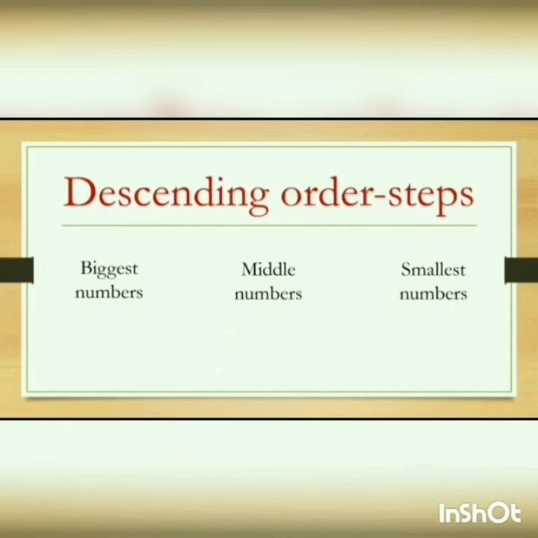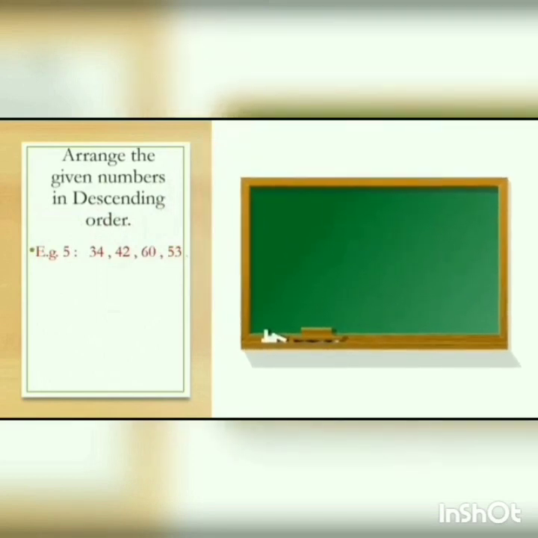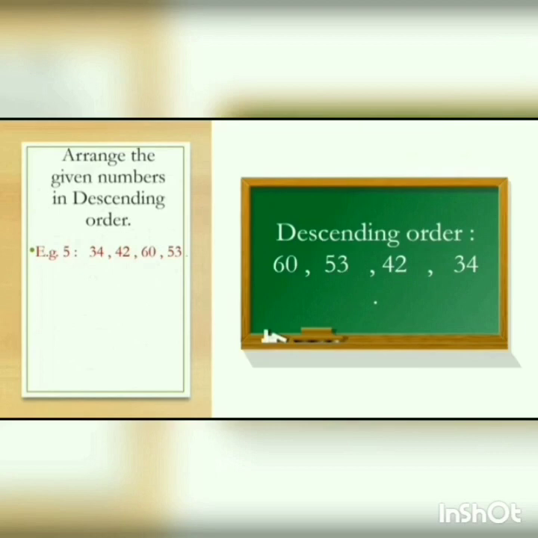Let's see. Here are some steps of descending order. First we arrange the biggest number, then the middle number, and last the smallest number. Arrange the given numbers in descending order. Example 5. Some numbers are given here.